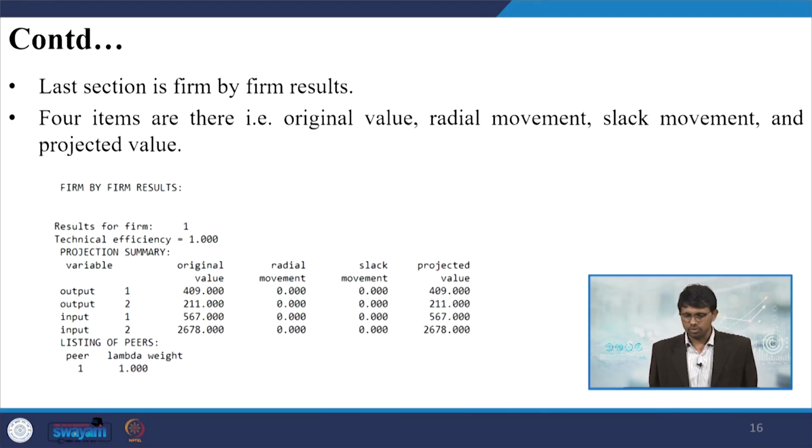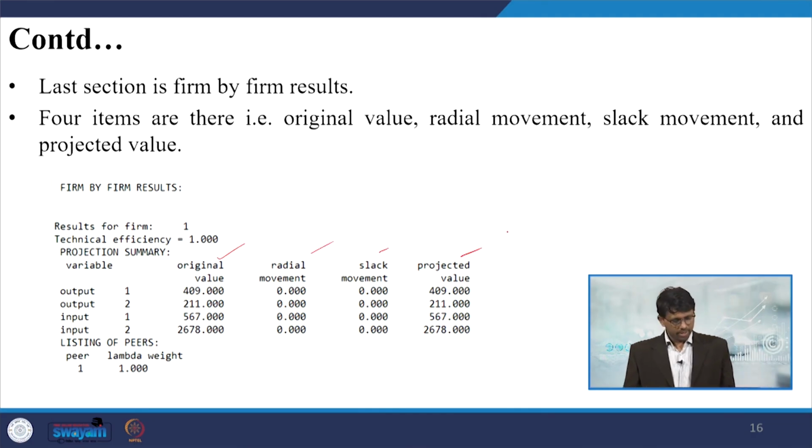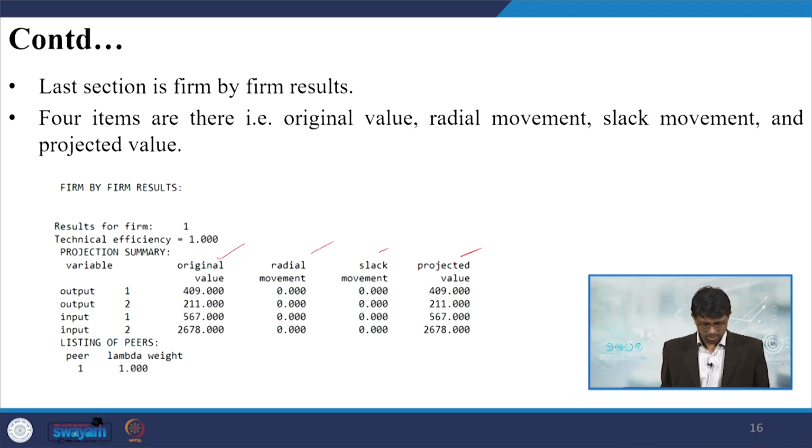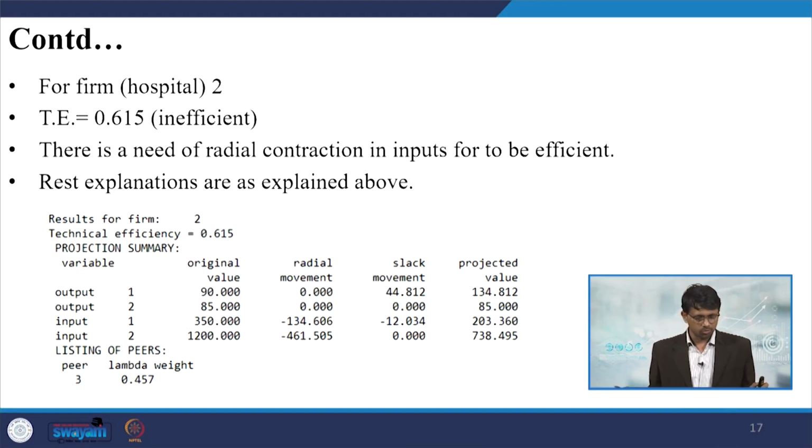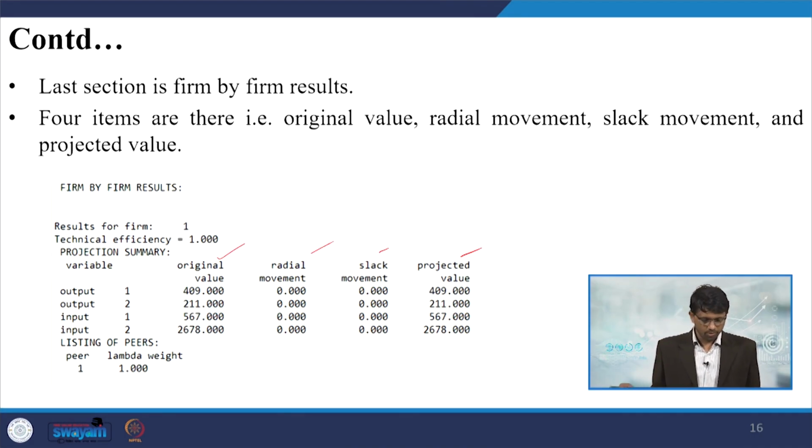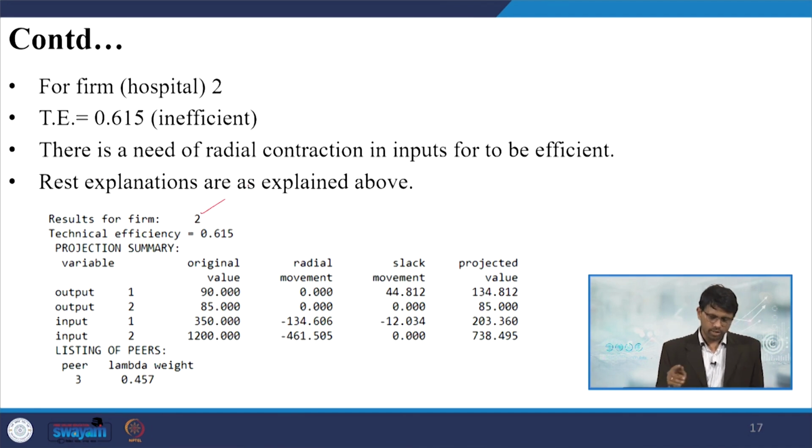The original value, the radial movement, slack movement and projected value, these four, 1, 2, 3, 4, you can use. I am not explaining much since we have already consumed more time, and maybe we will go into detail later. If you go through it on your own, you can probably find out. So, each of the firms, like firm 1, then firm 2 and so on.